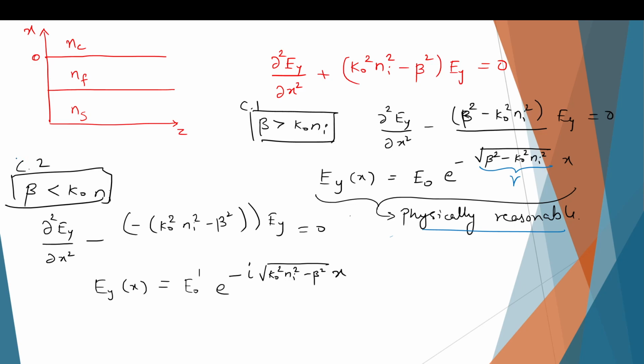In case 2, we are getting an oscillating solution. I can put this number as some kappa, then it is of the form e naught prime e power minus i kappa x. So now it is an oscillating solution. So case 1 gives us a decaying solution, case 2 gives us an oscillating solution.